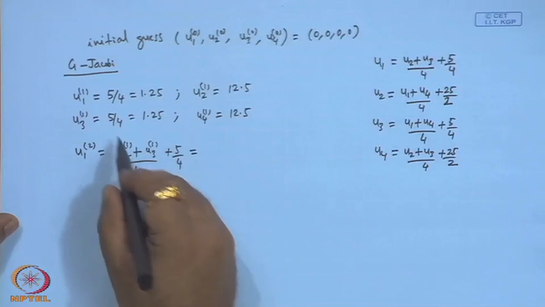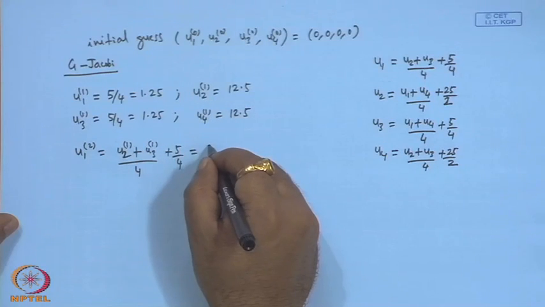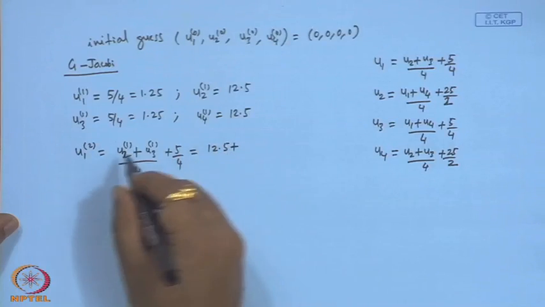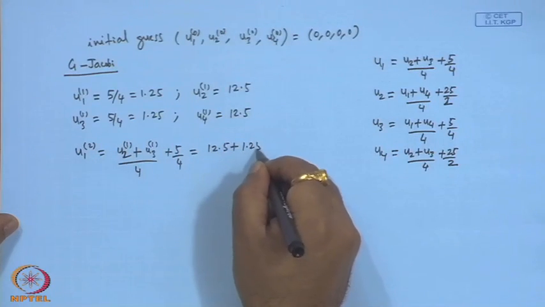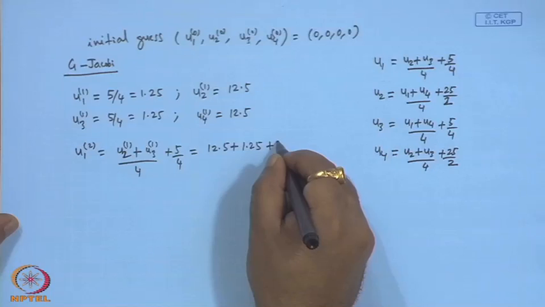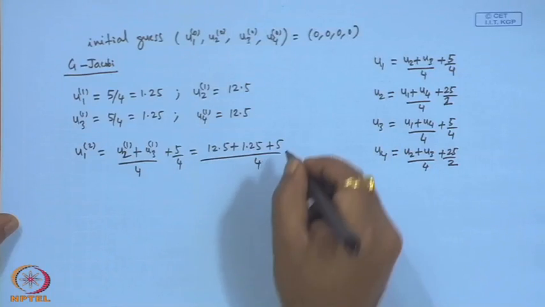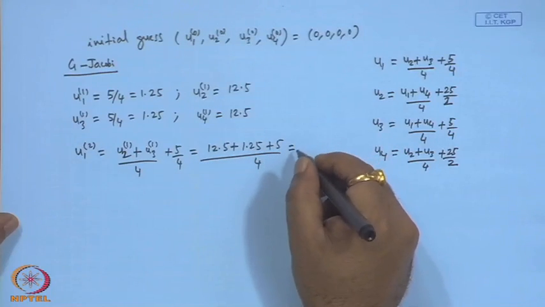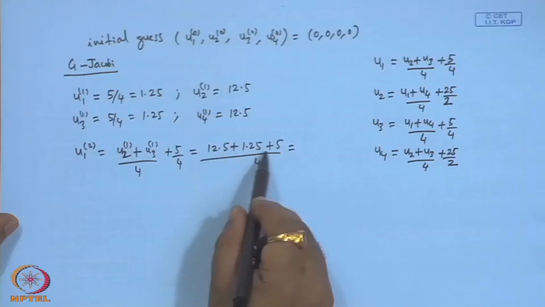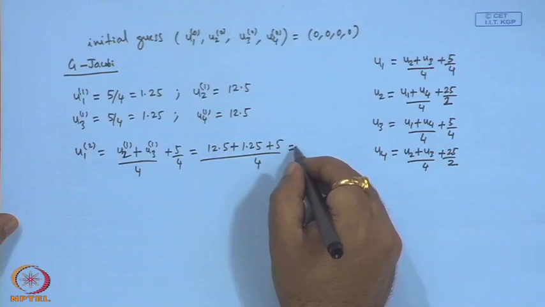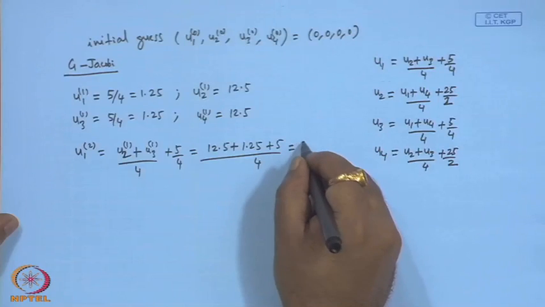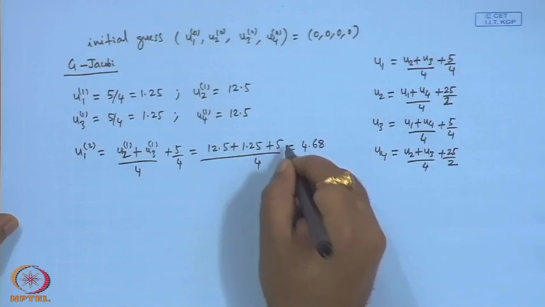So, this will be u 2 1, u 3 1 plus 5 by 4. So, this comes out to be 18.75 by 4. So, you can compute roughly.